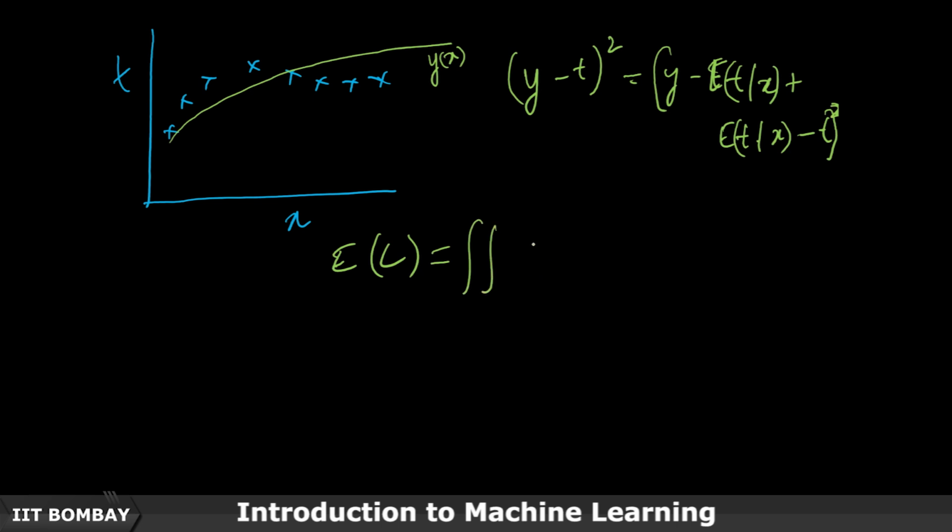One of those will be (y minus expected value of t given x) whole square.